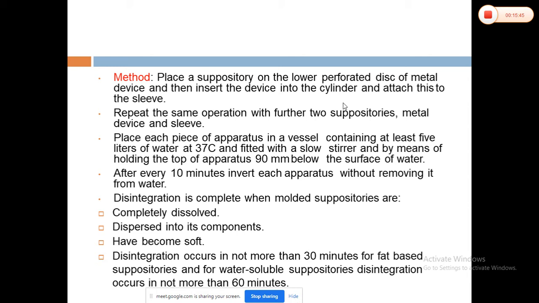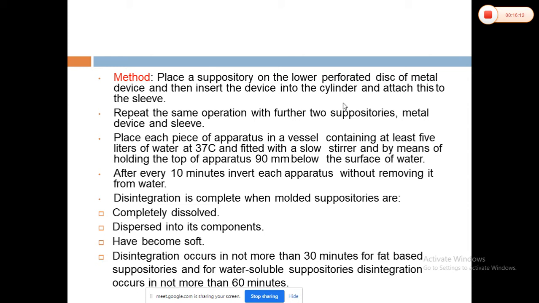As I have already discussed, when we are comparing in vitro and in vivo conditions, it is not easy to design a test that will accurately mimic the in vivo situation, because here we are using 5 liters of water at 37 degrees Celsius. But as we know, that much water is not present in the rectum.